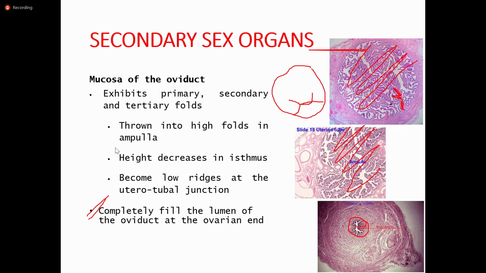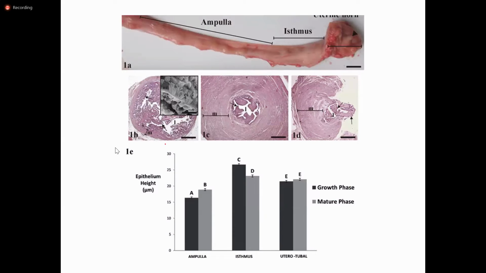Kaya dun sa ampulla, remember ovary, infundibulum, ampulla, mataas yung mucosal folds, and then the isthmus, medyo visible na ang lumen. Okay. Like this one, and this is the ampulla. Then we have the isthmus here.